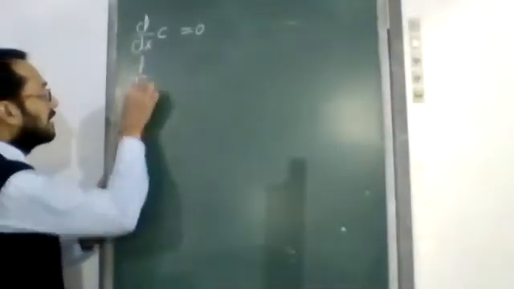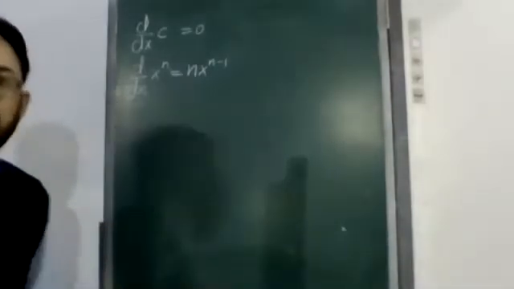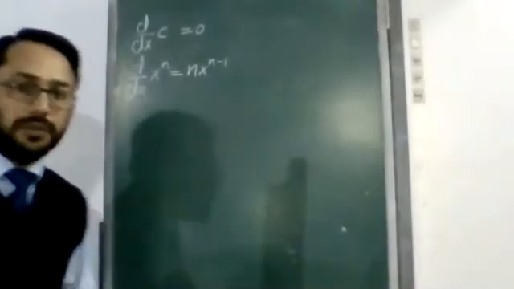After this, differentiation of x to the power n will be n x to the power n minus 1. This formula is a great key to solve a number of questions. If you want to understand the topic well, you must have command of this particular formula.